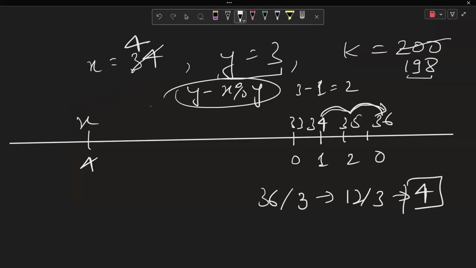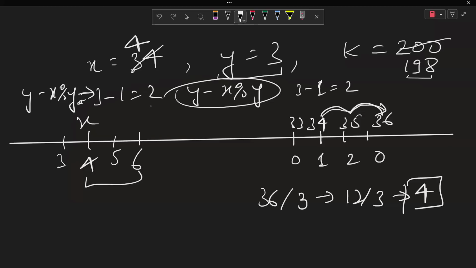Now again, we have 3 here, 4 here, 5 here, 6 here. So this is a group. Again we would calculate y minus x modulo y. That is 3 minus 4 modulo 3, which is 1, so it is 2. Again you would take 2 steps to reach something divisible by 3. After 2 steps we will reach 6.